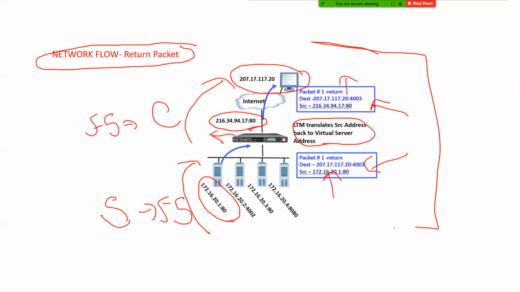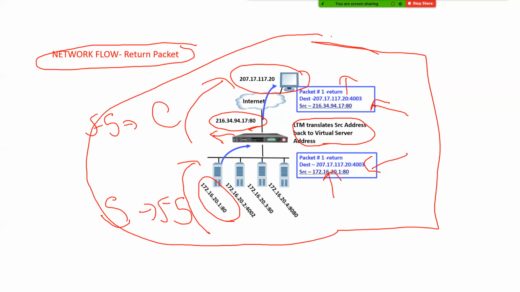So this is how your return packet will be. If you see in the return packet, your source first was your pool member IP address. In the second case, it was your virtual IP address. So it translates your source address back to the virtual server, but the destination was the same. This is how your network flows.